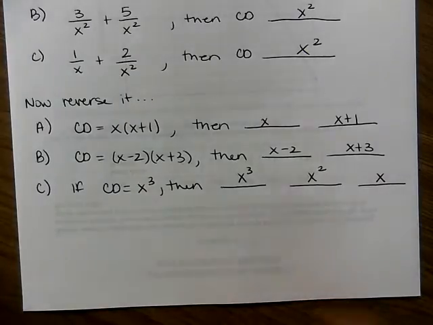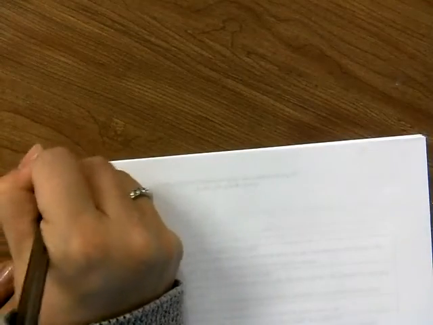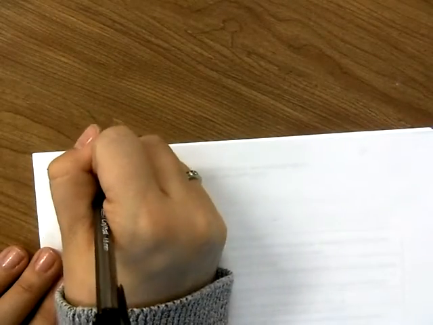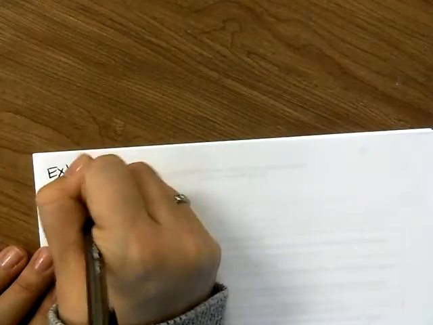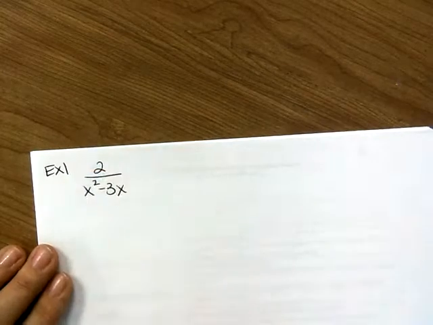All right, we're going right into this. So, example 1, we have 2 over x squared minus 3x. Okay, we're going to write some steps out too on the side, so as we go through this, we'll do that.